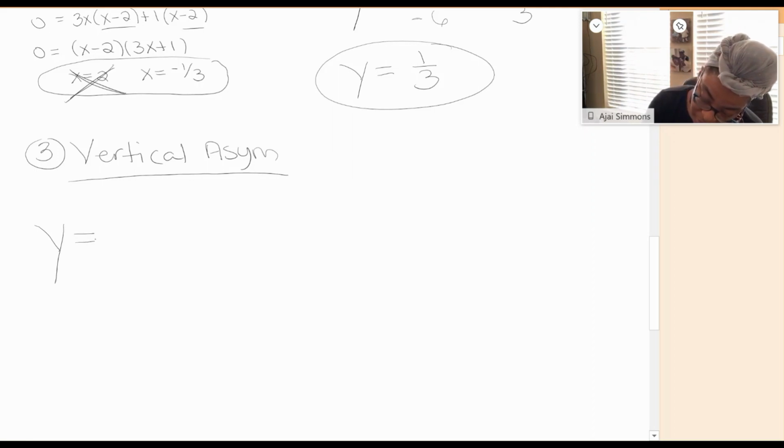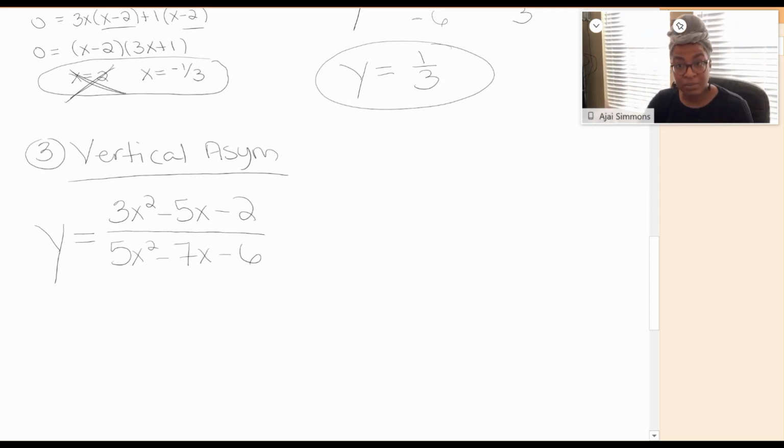On this particular problem, the original problem, I keep forgetting the numbers. Here we go. So here are the original numbers for the problem. To find a vertical asymptote, which is in the video about asymptotes, you got to reduce and then set the denominator equal to 0.